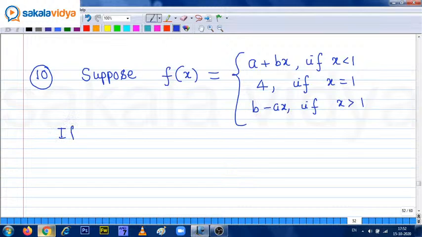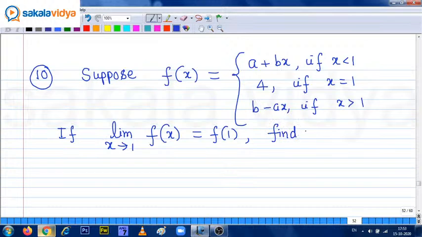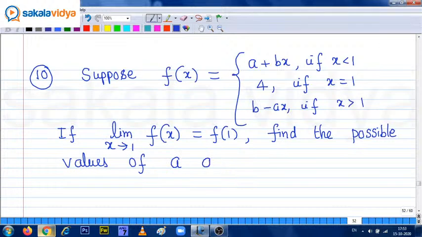Next, if limit x tends to 1, f of x equals f of 1. Find the possible values of a and b.